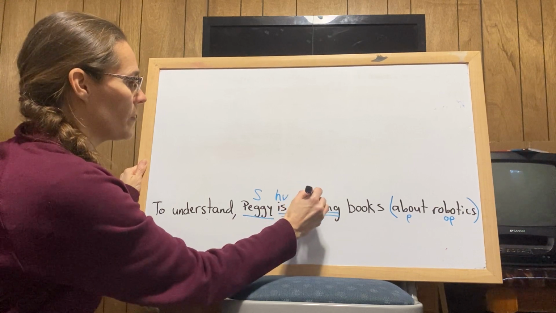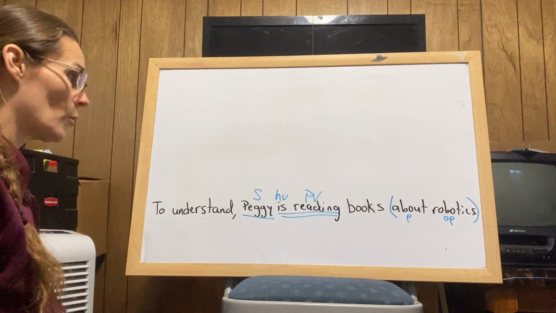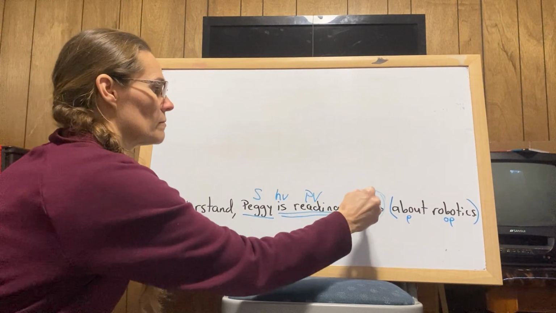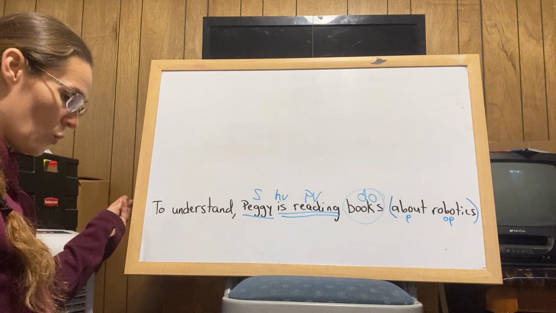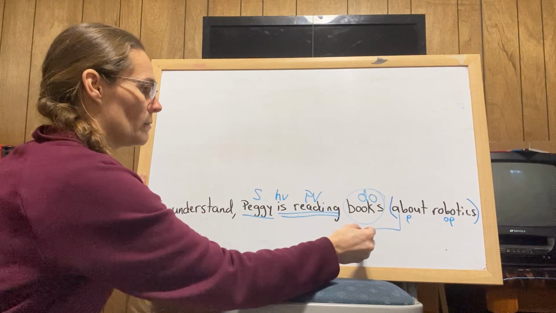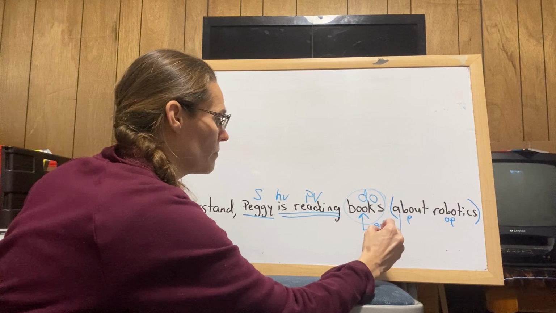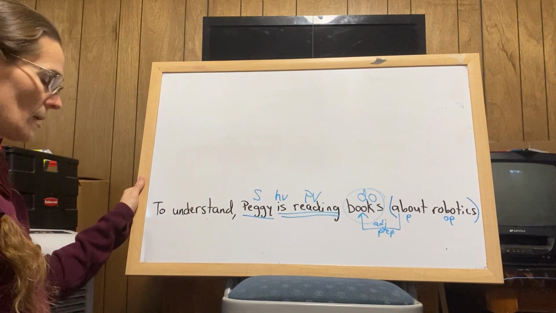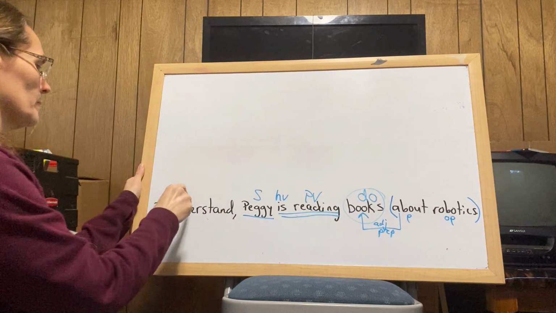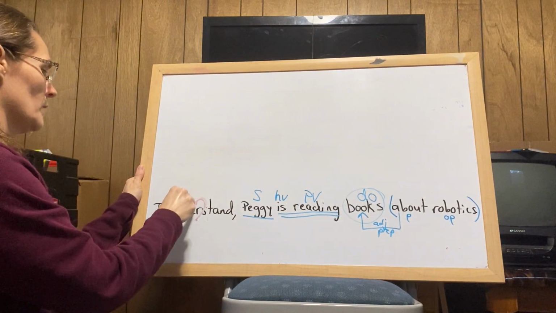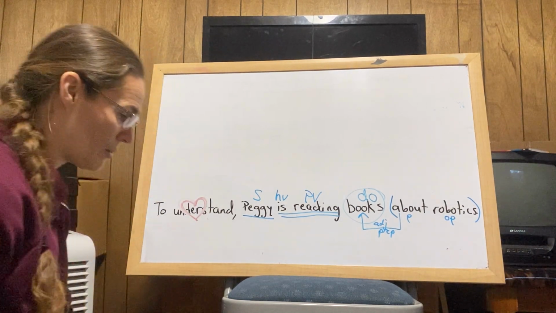And this is our predicate verb, okay? Is reading. Reading who or what? Books. What kind of books? So there's our direct object. Reading what books? The books about robotics. About robotics is an adjectival prepositional phrase. Why is she reading them? To understand. She's reading them to understand. So this is an adverb.